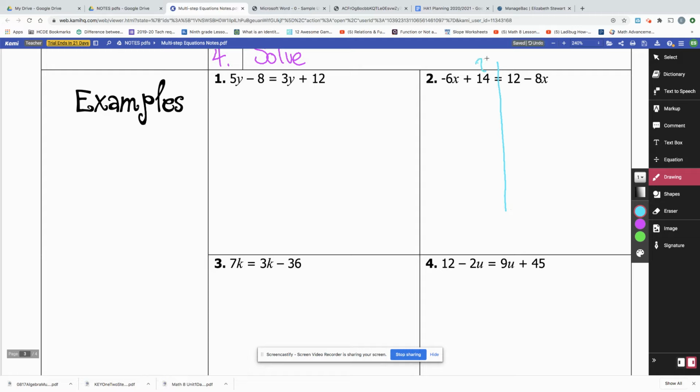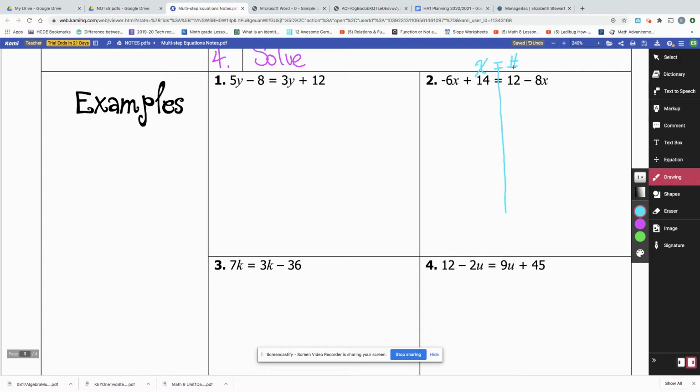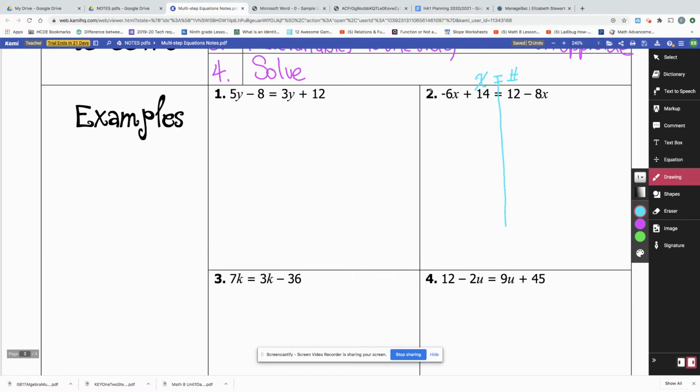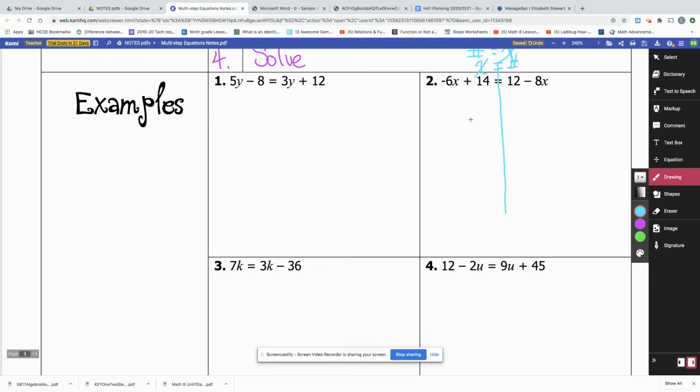Sometimes up here, I'll put x is equal to the number, because I know I want to get the variable to one side and the constant to the other. Remember, it could be the number is equal to the variable. Equal is equal, and it doesn't matter if you have the constant on the left or the right, as long as you have the variable and the constant on opposite sides.